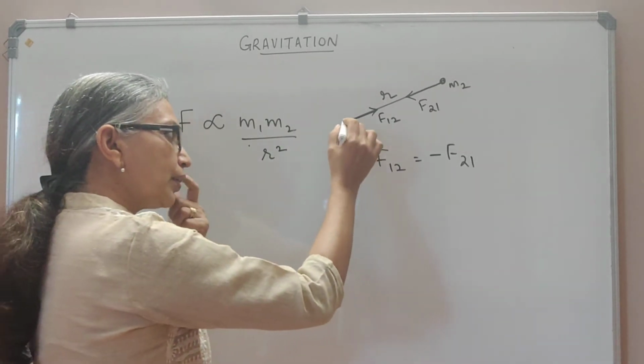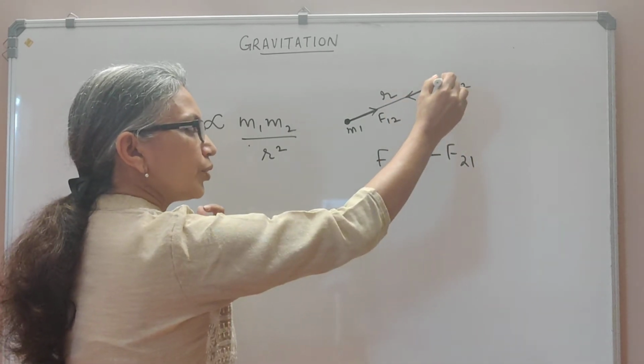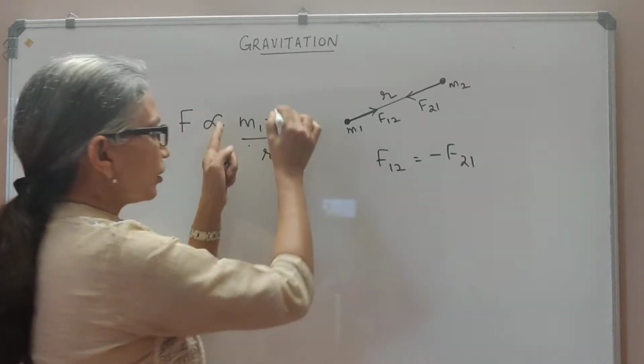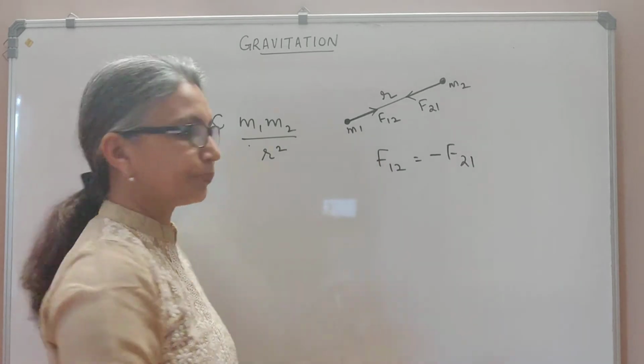So mass m1 attracts m2 with F21 and mass m2 attracts m1 with F12, but the two have the same magnitude, and they are opposite in direction. They are attractive forces.